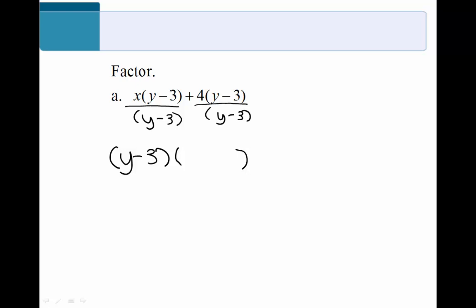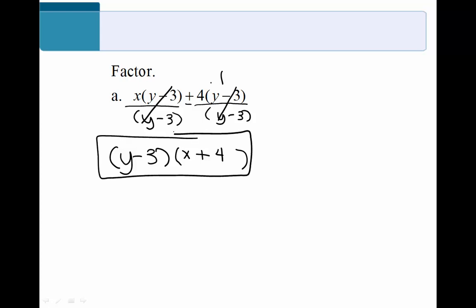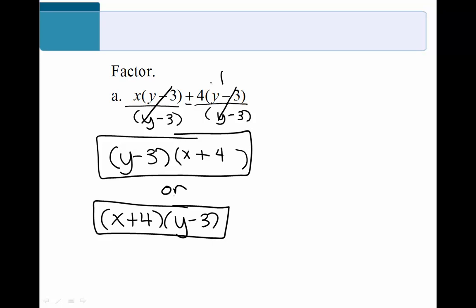Well, in this case, y minus 3 divided by itself is 1, and 1 times x is x, plus y minus 3 divided by itself is 1, and 1 times 4 is 4. So we've factored the y minus 3 out of the expression that we started with. And when we factored it, we get y minus 3 multiplied by x plus 4, or, because of the commutative property, it would also be alright to say x plus 4 multiplied by y minus 3. It is important that you have parentheses around both of those binomials, or it will not say the same thing.